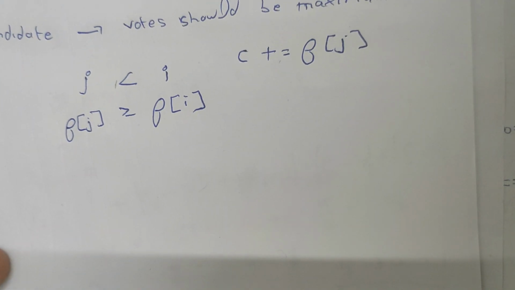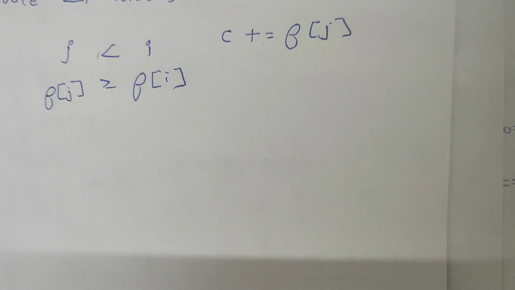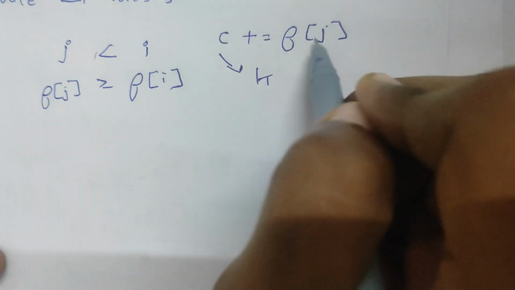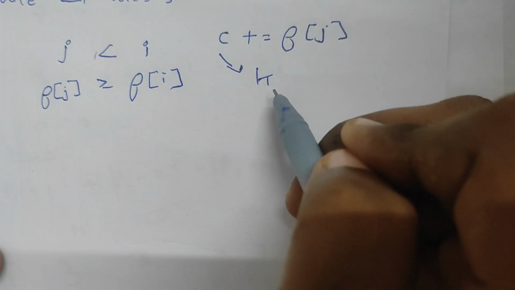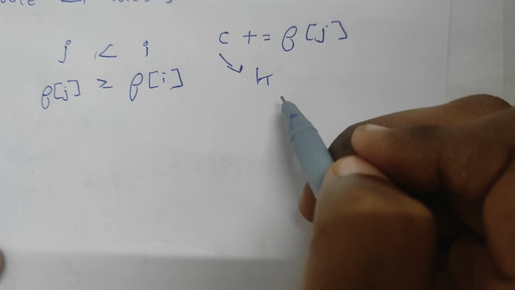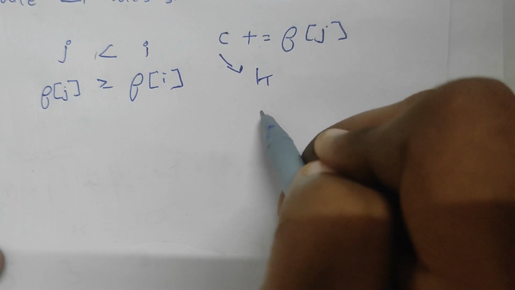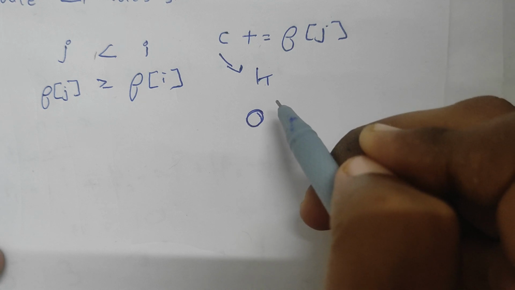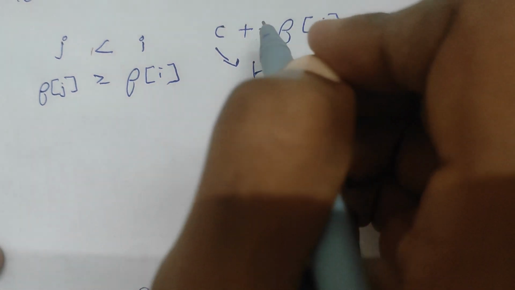Now C will vote for the candidate with the lowest number, right? Suppose K is the candidate with the lowest number. These C people will vote for K. Suppose initially K didn't have any fans. So in the worst case, K didn't have any fans, and C was also equal to 0 before this.